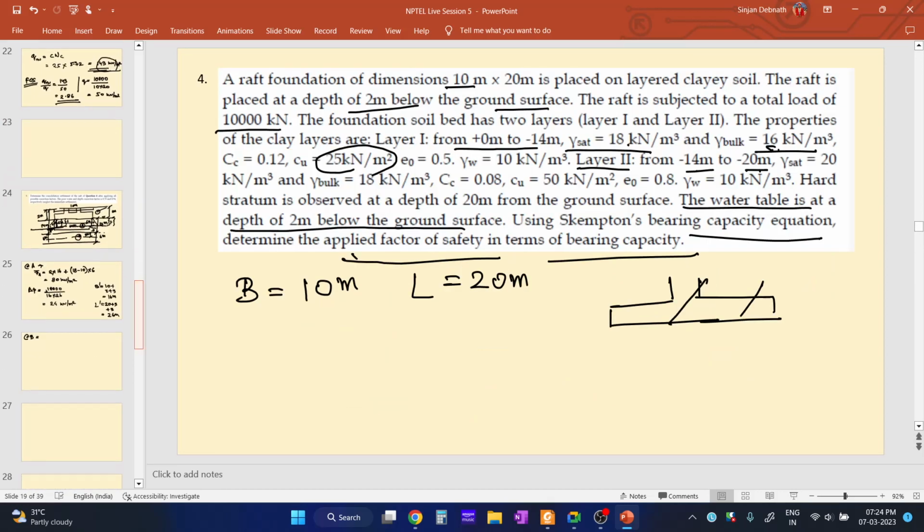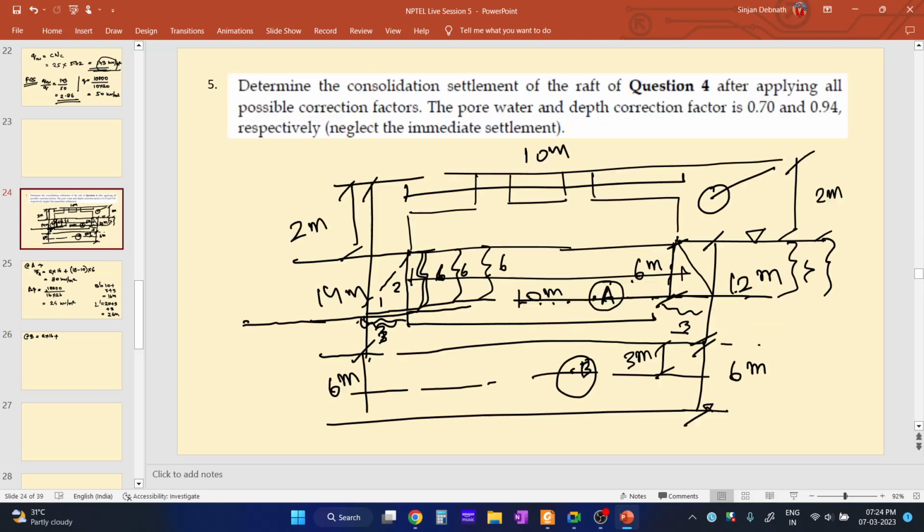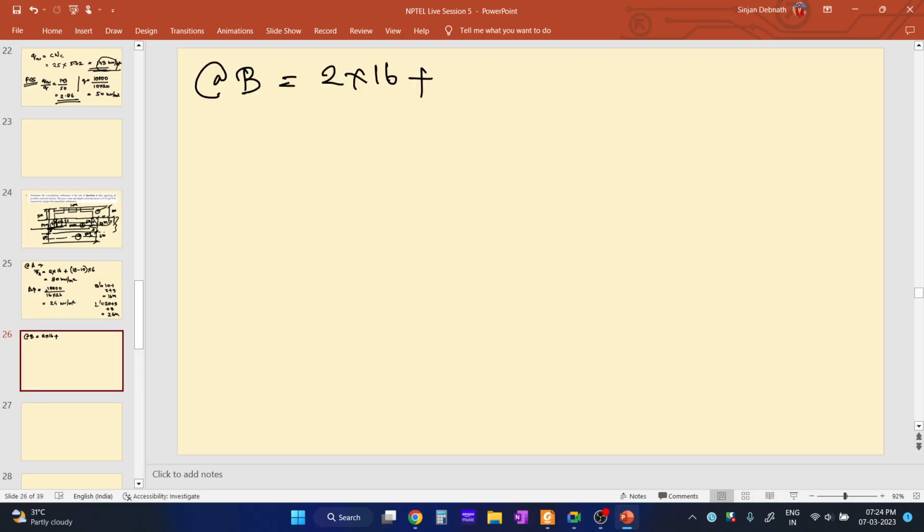So 2 into 16 for the top portion, plus this whole portion, the thickness of which is 12 meter. So 12 into the submerged unit weight. The saturated unit weight of layer 1 is 18, so submerged will be 18 minus 10.